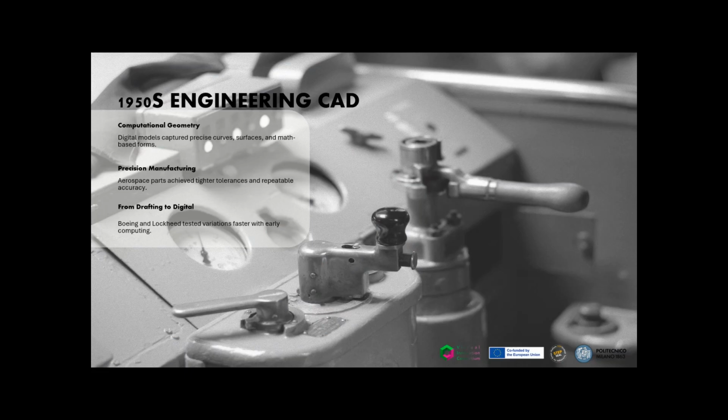Engineers leveraged basic computational tools to perform calculation with greater accuracy, relying on the model as a medium for representing complex curves, surfaces, and technical specification. These geometric models played a crucial role in advanced precision manufacturing and fabricating aerospace components with improved tolerance.